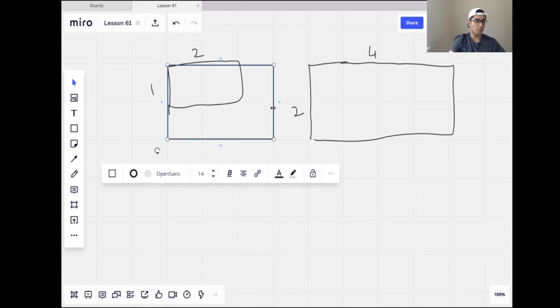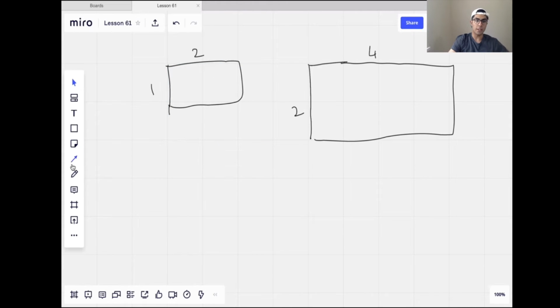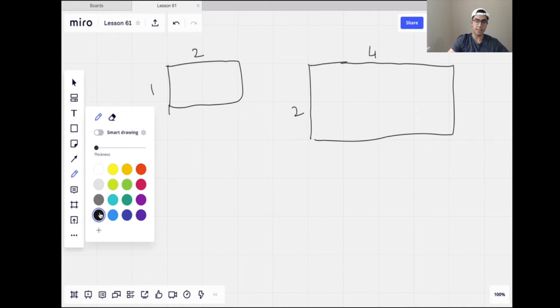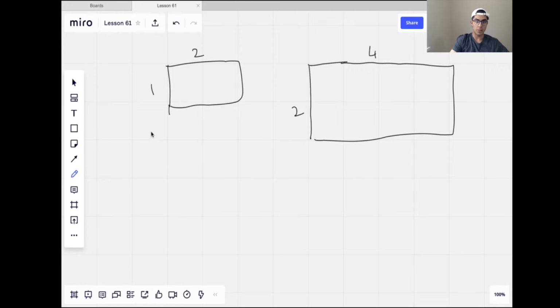So this is what it means by similarity. The rectangle on the right is just an enlargement of the rectangle on the left, and the ratio of the length to the width is the same. Length to width in this one is 2 to 1, and here it's 4 to 2, which can simplify to 2 to 1.